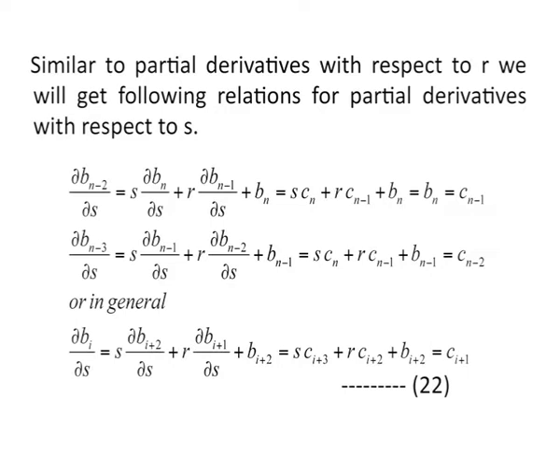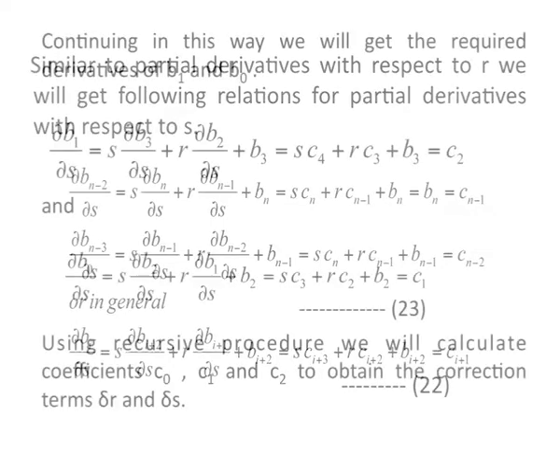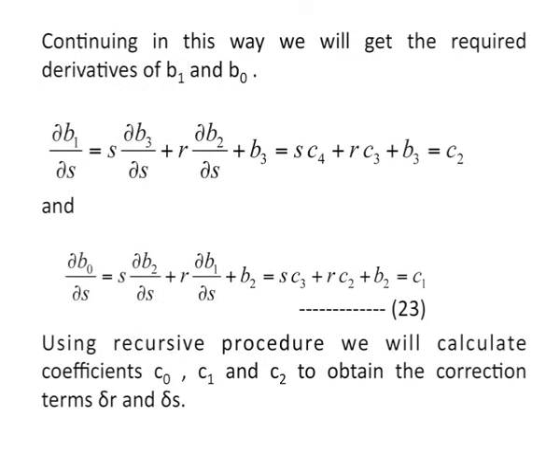Finally, we get the derivatives of B1 and B0 with respect to S, and we find that these are C2 and C1 in place of C1 and C0, which is given in equation 23. Using these coefficients, starting from Cn, we come down to C0, and using the last three coefficients C0, C1 and C2, we can obtain the correction terms delta R and delta S as given in equation 24.